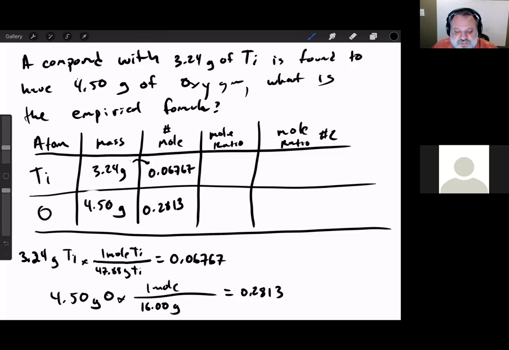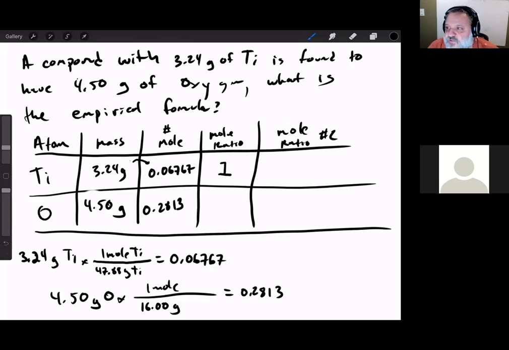What's the mole ratio here? What's the smallest value? 0.2813 or 0.06767? Well, the first one is the lowest value, so I'm going to do the really hard part for you. 0.06767 divided by 0.06767. There you go, 1.